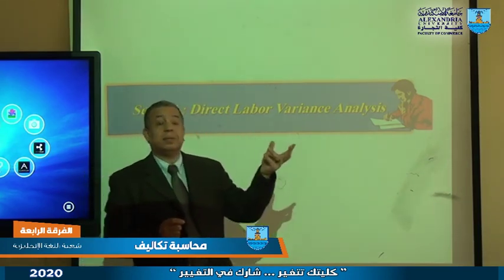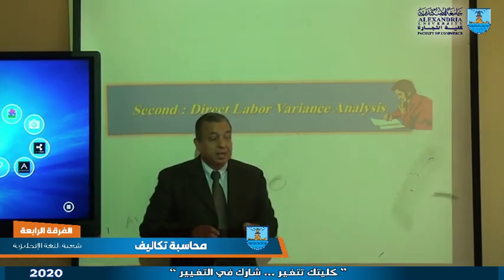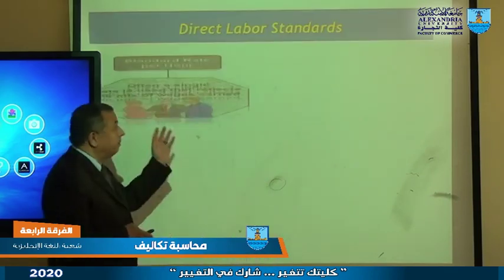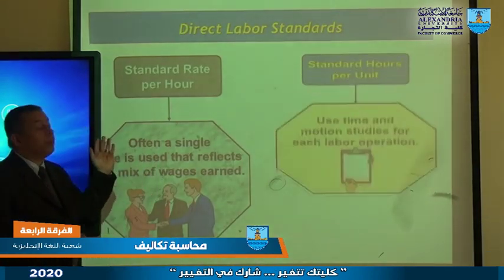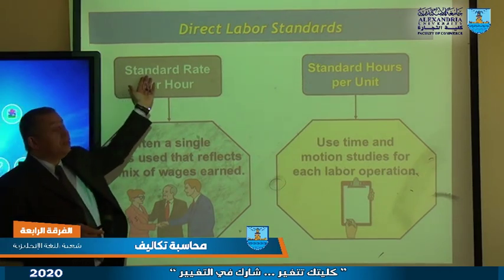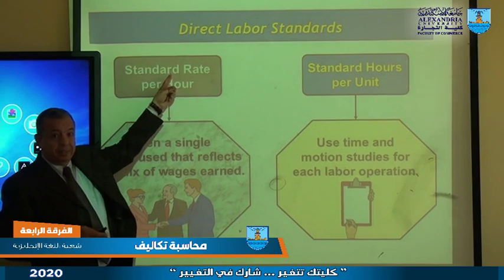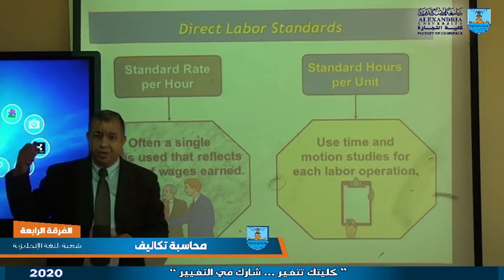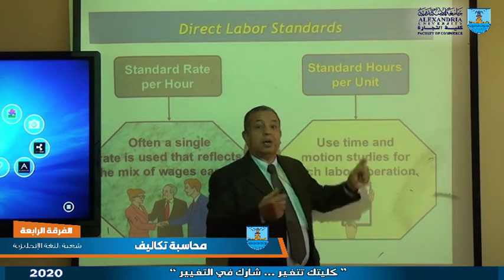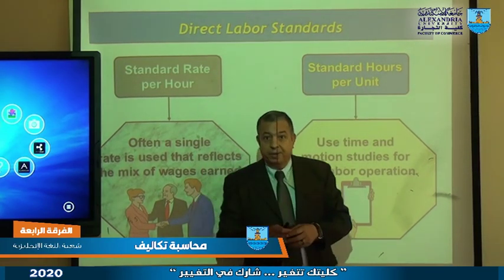So when I set standards for direct material, I set standard for quantity and price. But when I set standards for direct labor, I will set standard rate like price in direct material, and standard hours per unit like quantity for direct material.